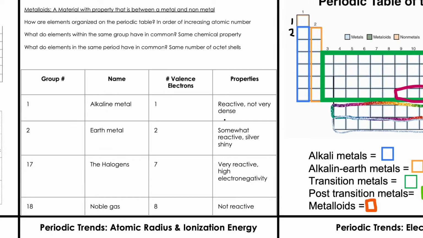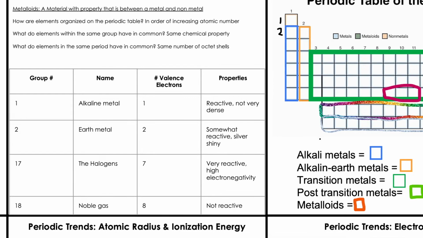What do elements within the same group have in common? Same chemical properties. For example, in group 1, you have lithium and potassium. They're the alkali metals. Alkali metals are characterized by being shiny, soft, very reactive.